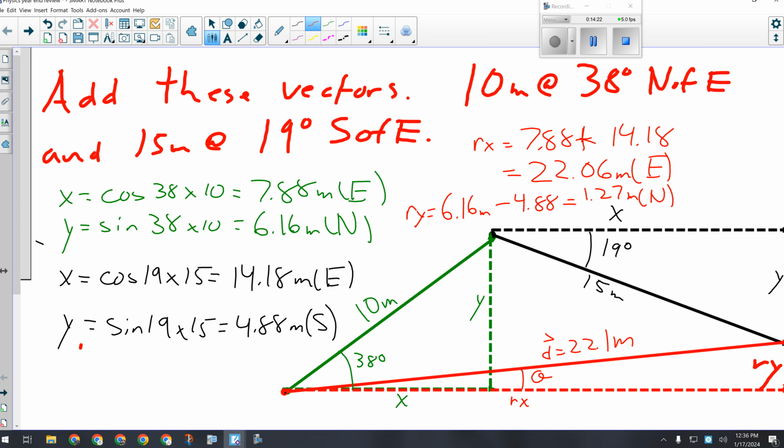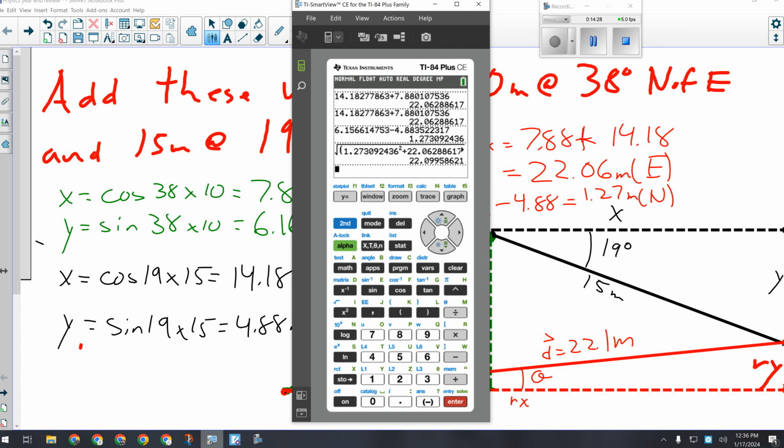But now I need the vector, and I can get the vector using trig. I can use whichever trig function I want, but I like using my favorite one, which is tan. So second tan of the opposite side, 1.27, divided by the adjacent side, which was 22.06.